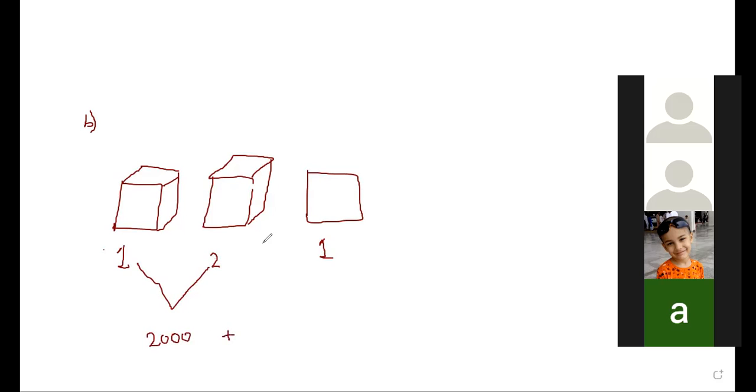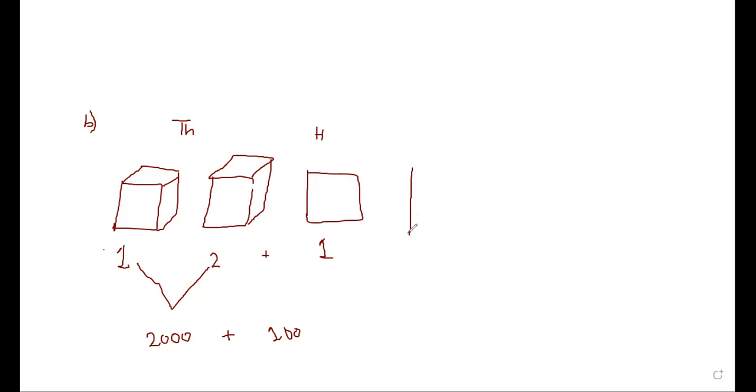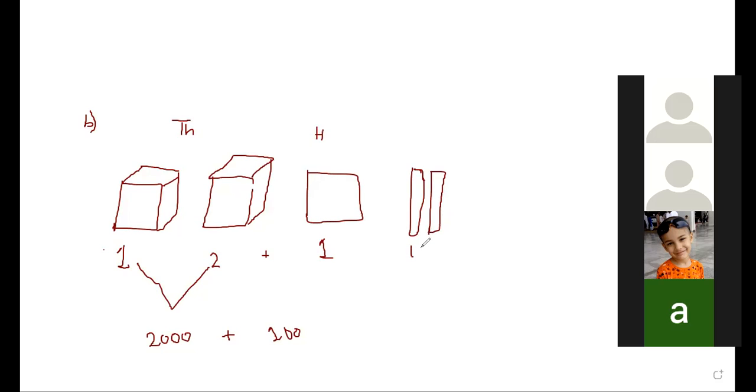plus how many 100 I have? 100. And how many tens do I have? This straight line shows that it has 10. And how many tens do I have here? 1 and 2.